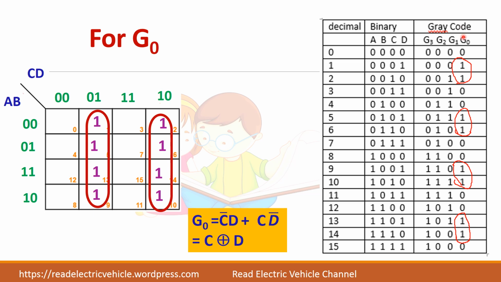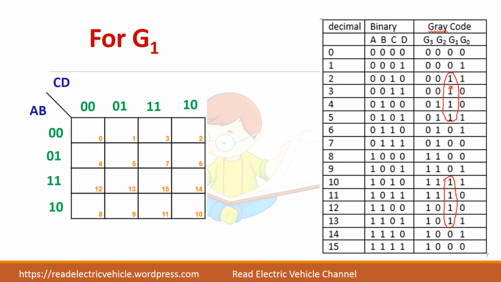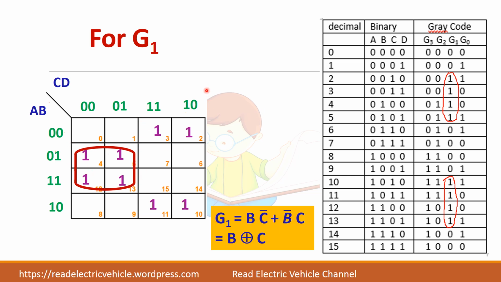Next we will implement G1. So find the ones here and mark it in the table. So 4 ones can be clubbed together. Again these 4 ones also can be clubbed together.